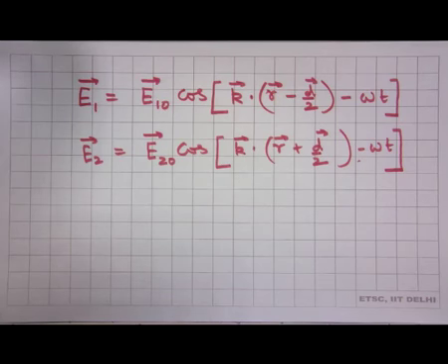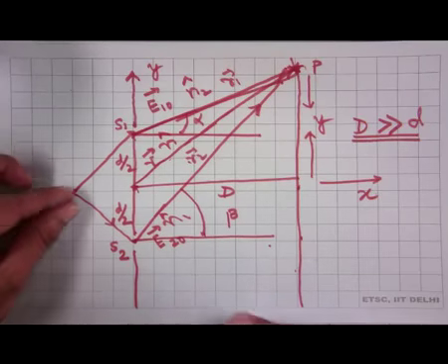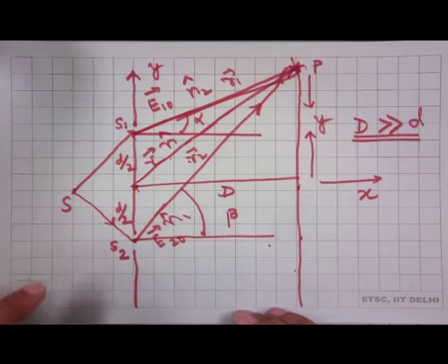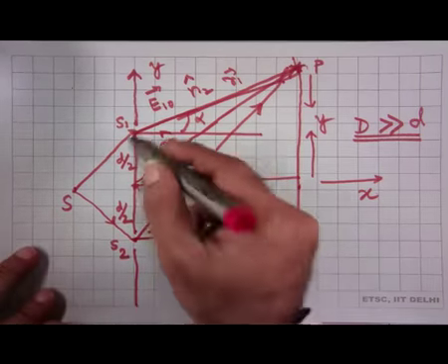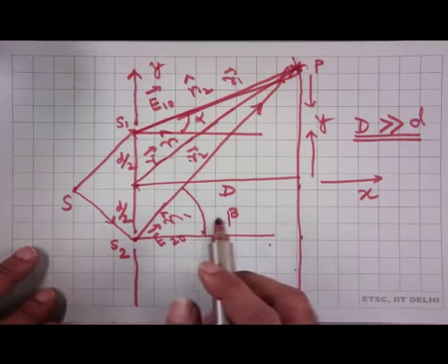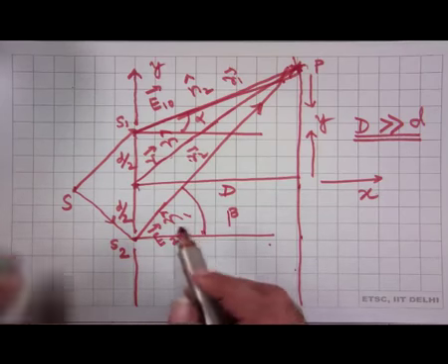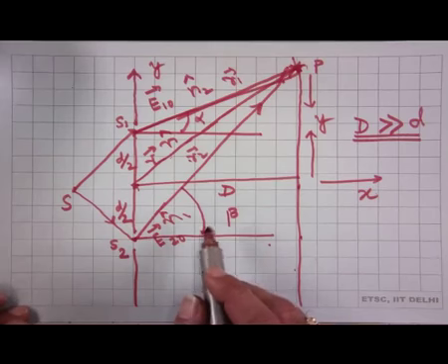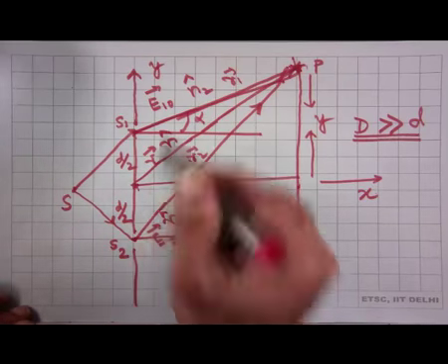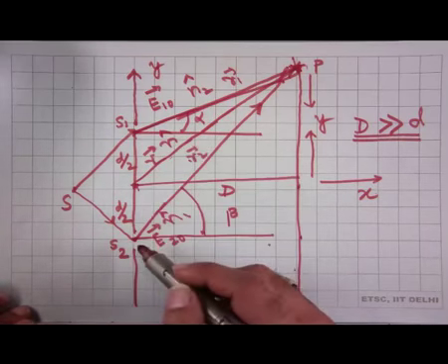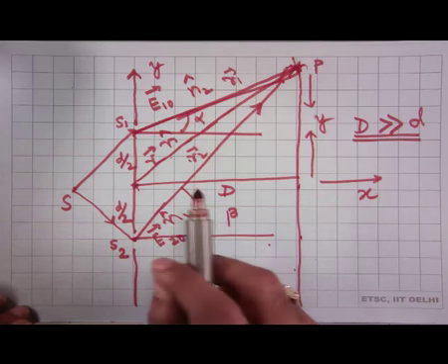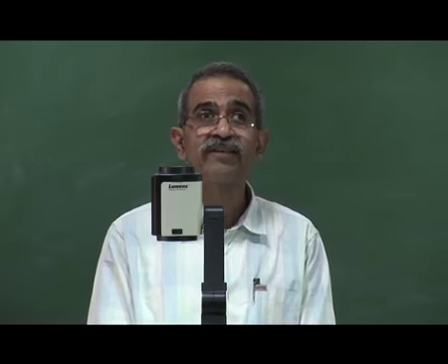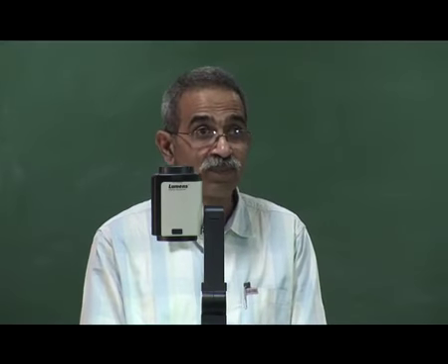In this experiment again, I have to go back to this diagram. There is a common source which is emitting radiation, and if the source is unpolarized, the two secondary sources will also be producing unpolarized beams, so to say unpolarized rays. And if the source is polarized, the polarization here and the polarization here will be the same. Therefore, this setup is not good enough for me to probe polarization effects. I have to do something more.